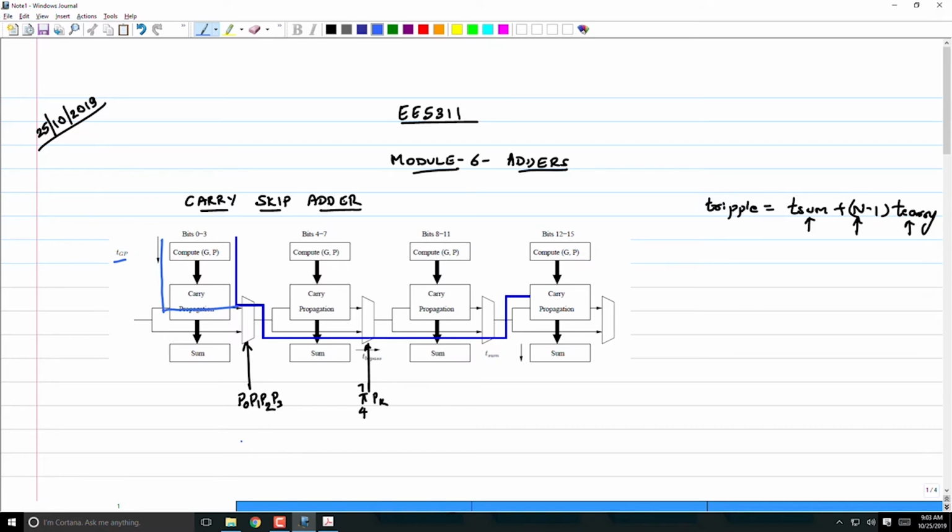However, in the first stage, you don't have to wait for the sum to be ready. You just have to allow the carries to propagate through that. Which means that the first adder has to be in generate, the remaining have to be in propagate mode. Similarly, after that, everything has to be in propagate mode.